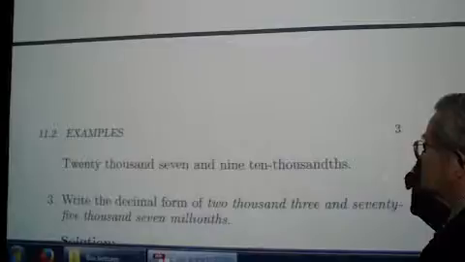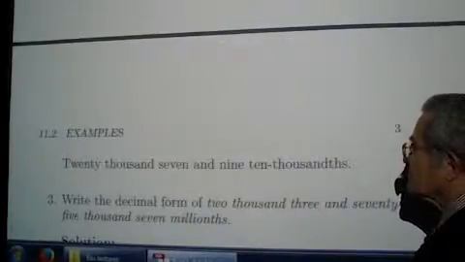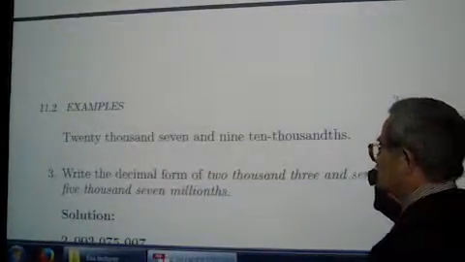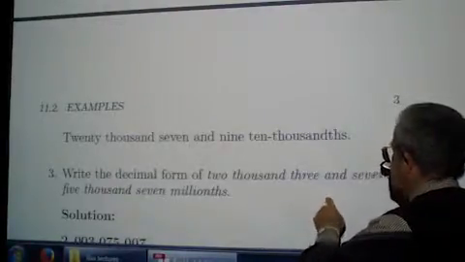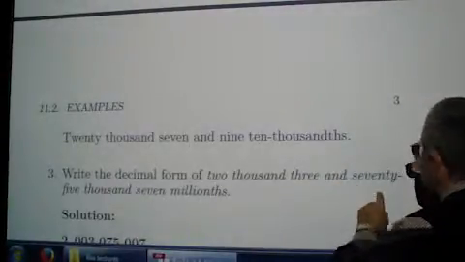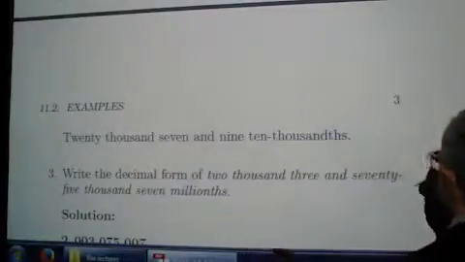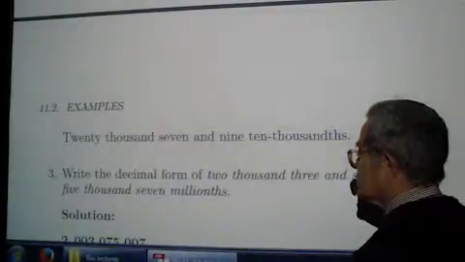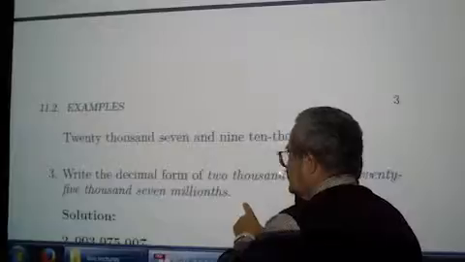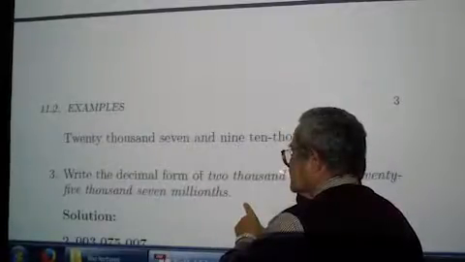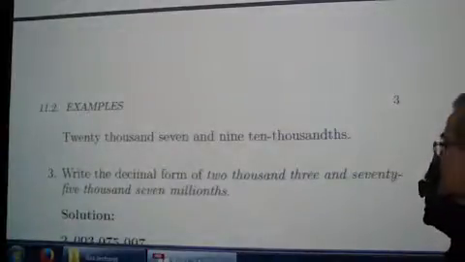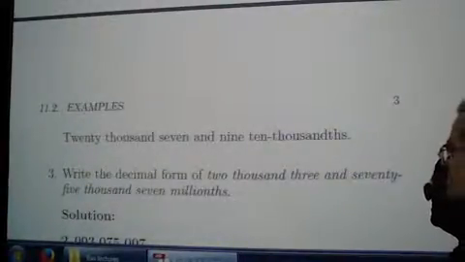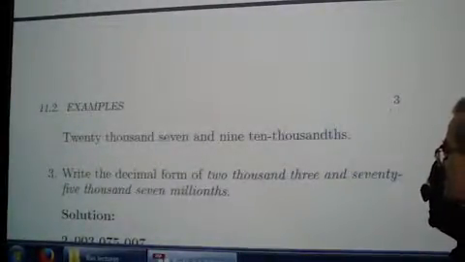And then we wanted to write the decimal form of the following: 2003 and 75 millionths.